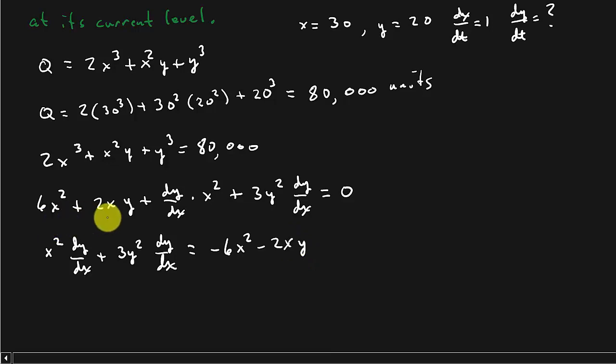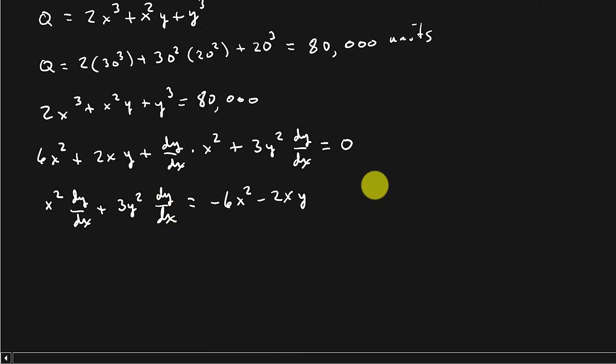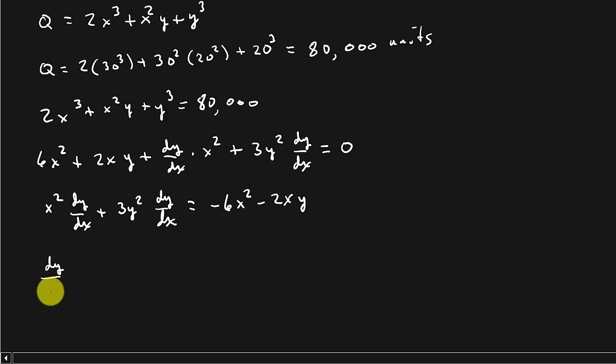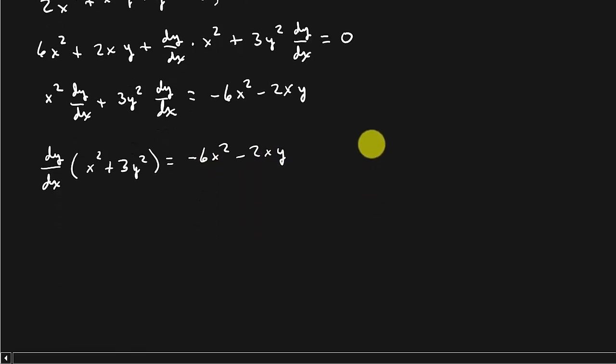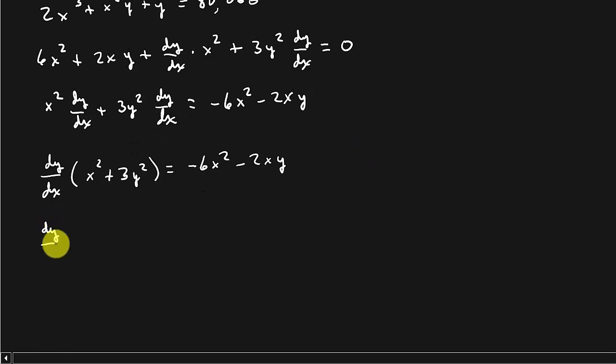These terms without the dy/dx, I just move to the other side. So we have to isolate the dy/dx. I get dy/dx times (x squared plus 3y squared) is equal to negative 6x squared minus 2xy. And so dy/dx is equal to negative 6x squared minus 2xy over x squared plus 3y squared.